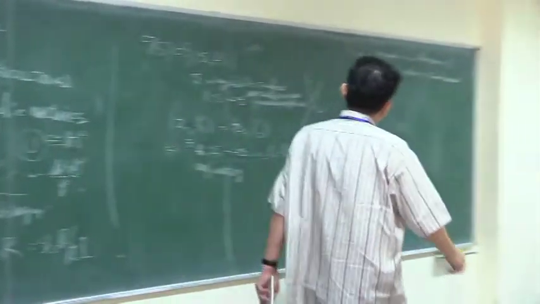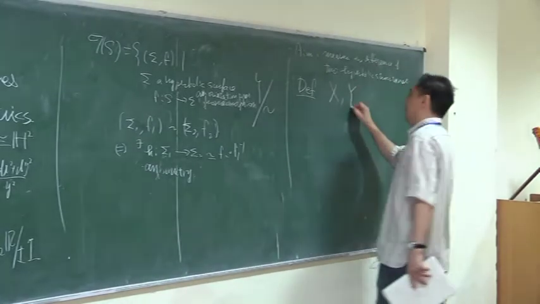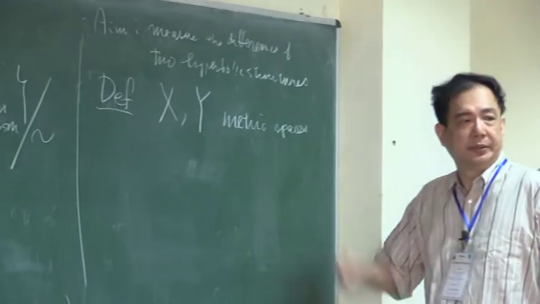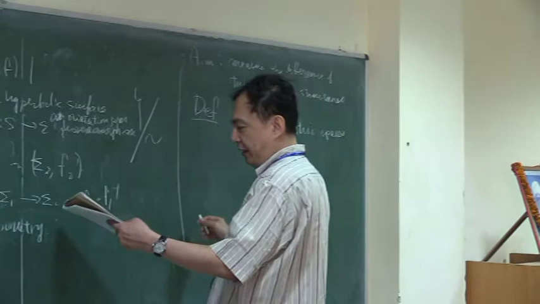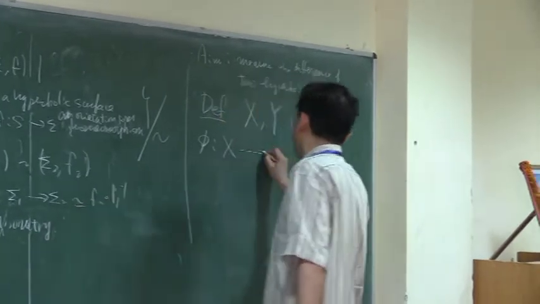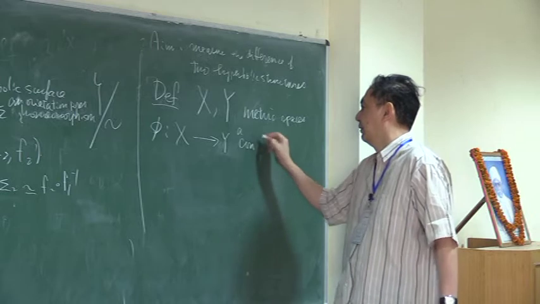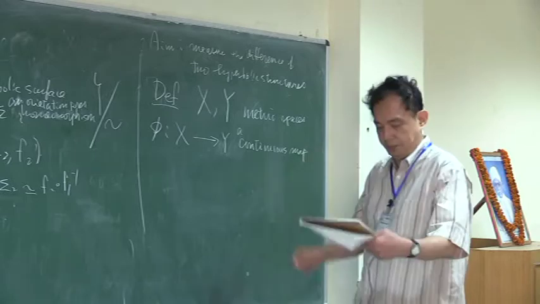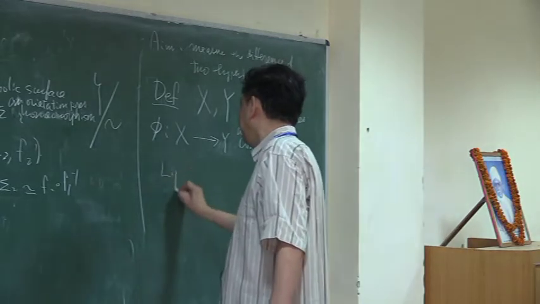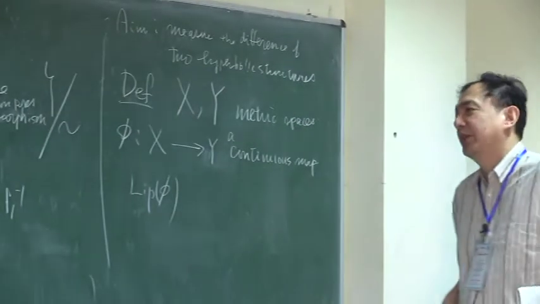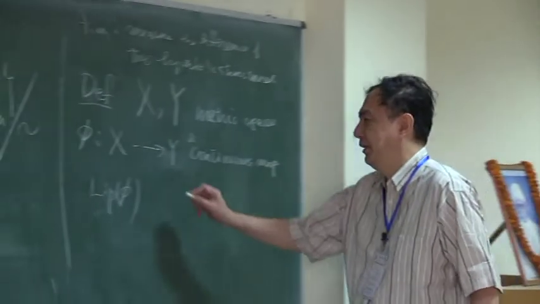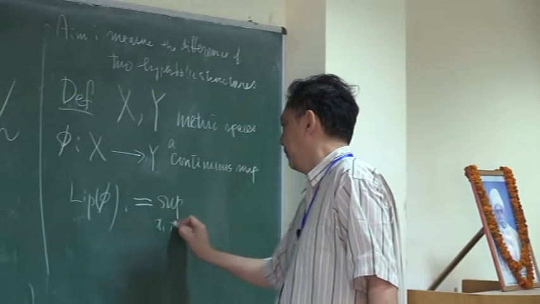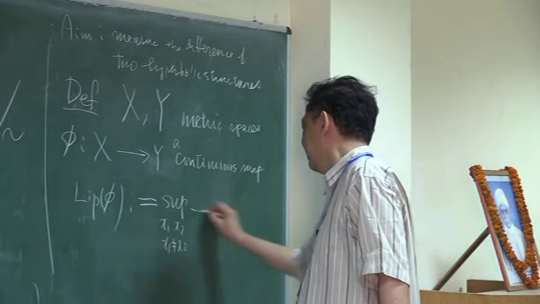Suppose you have two metric spaces, X and Y, and a continuous map phi from X to Y. Then the Lipschitz constant of the continuous map is defined to be the supremum of this ratio.